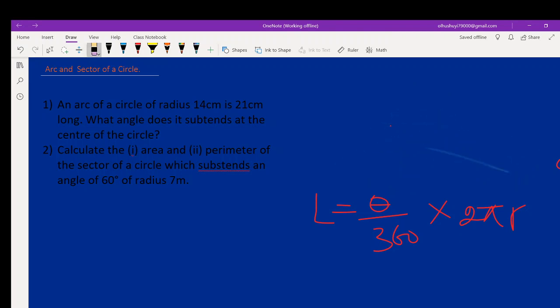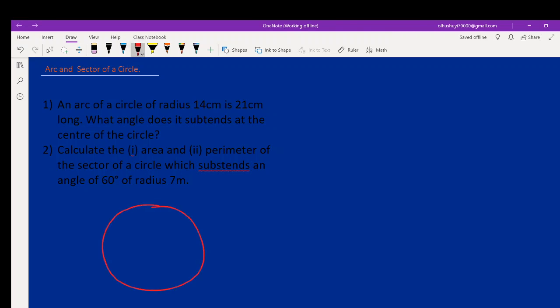The question says: an arc of a circle of radius 14 centimeters. Let's draw the circle. Take this as the radius, 14 centimeters.